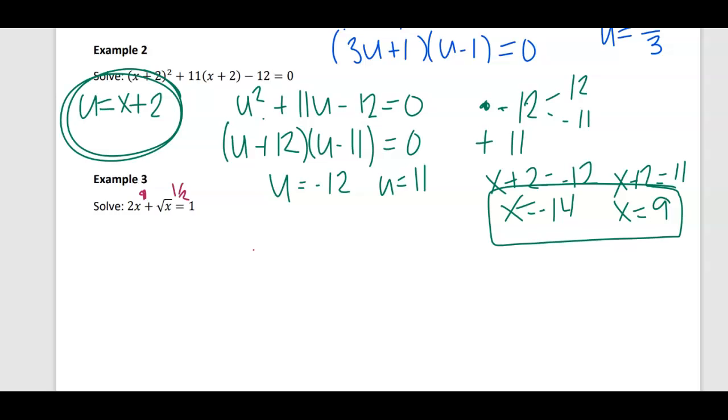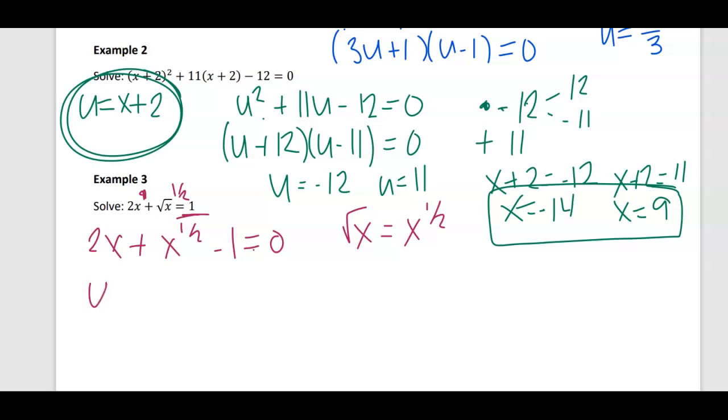So this would also be quadratic in form, but I want it to be equal to 0. So I'm going to rewrite this originally as 2x plus x to the 1/2 minus 1 equals 0, because x to the 1/2 and square root are the same thing. So square root of x is equal to x to the 1/2, writing that radical as an exponent.